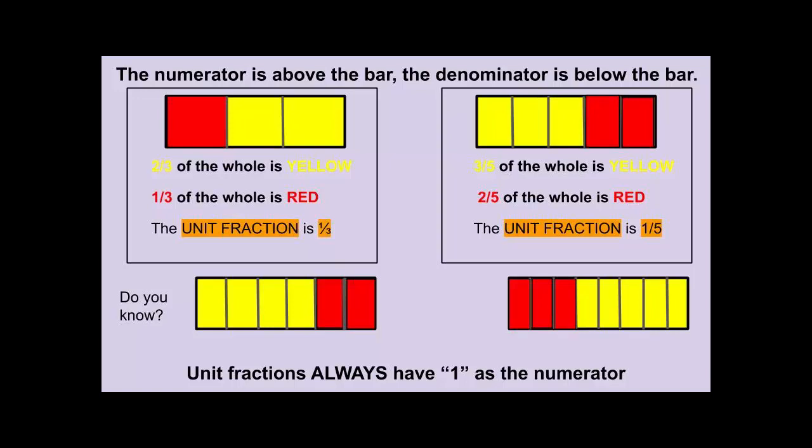And that would then mean that the region of the fraction that is red would be, yes, 3/8. The unit fraction, with the numerator always being 1, what would that unit fraction be?